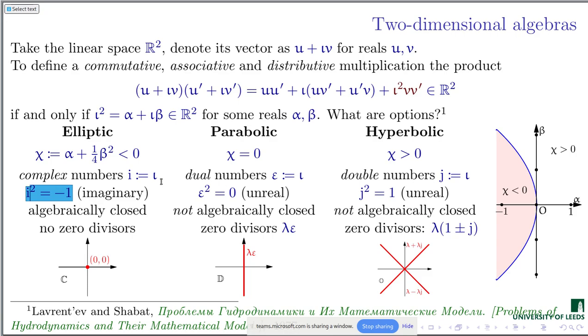But there are two other cases. One of them is where the value of that discriminant is equal to 0. I denote the corresponding iota in this particular situation as epsilon, something we may think of as so small that its square is exactly 0, negligible. An important thing: to get a square equal to minus 1, you cannot use real numbers.